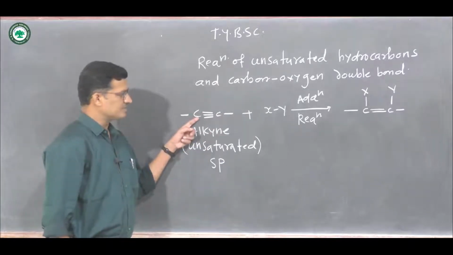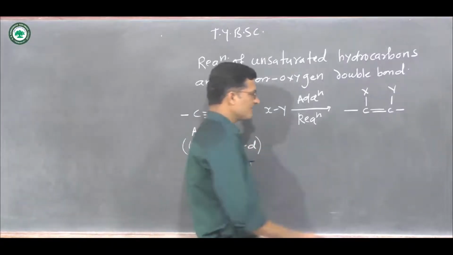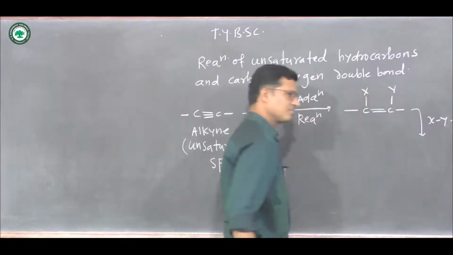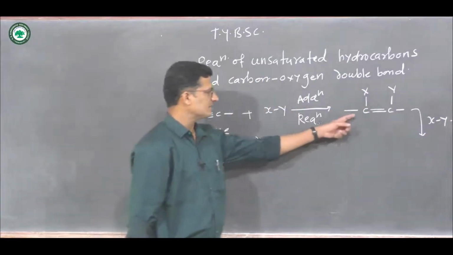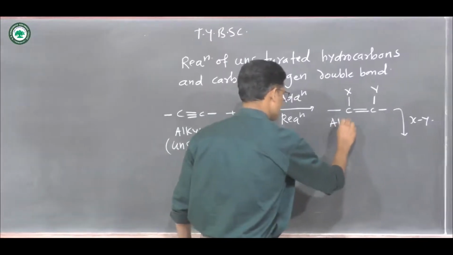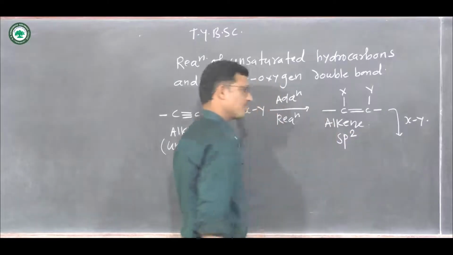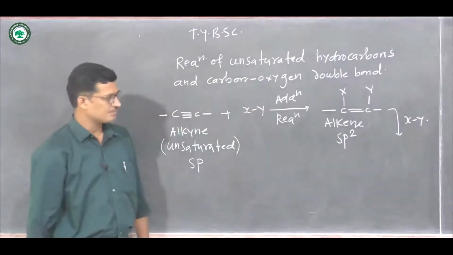What happened in this case? Then again, a second molecule of reagent, XY, is also added to the alkene. This is an alkene. Here there is a carbon having sp2 hybridization.